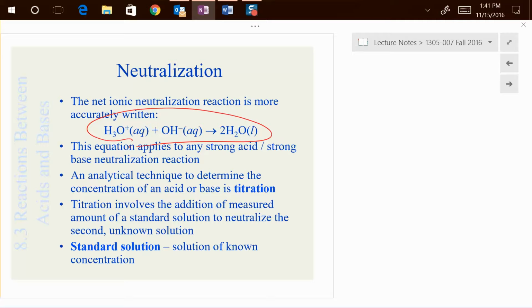So once you neutralize all the H plus in that solution with the OH minus that you added, then you'll reach that endpoint and you'll be able to calculate the H plus ion concentration based on how much OH minus you added, because it's a 1-to-1 reaction in that case. Okay?